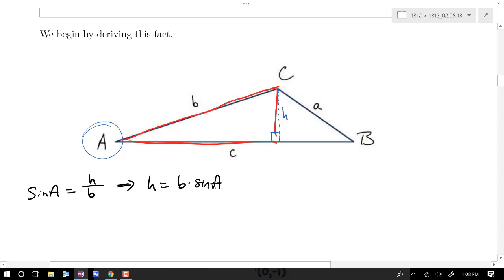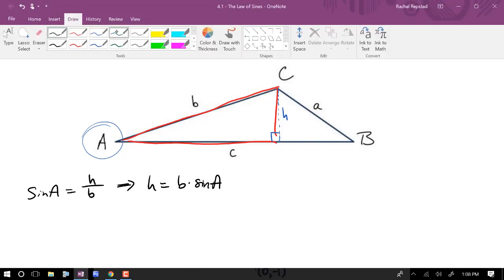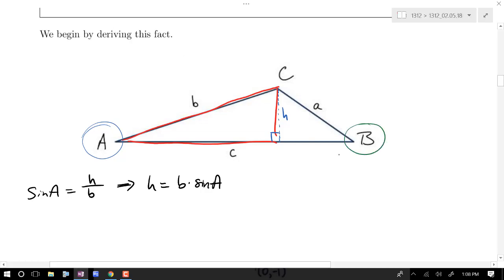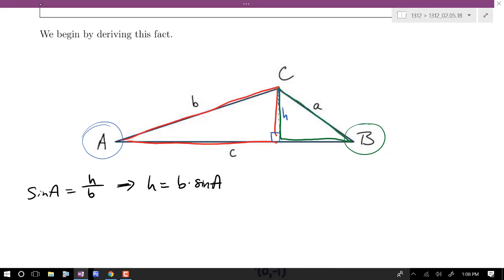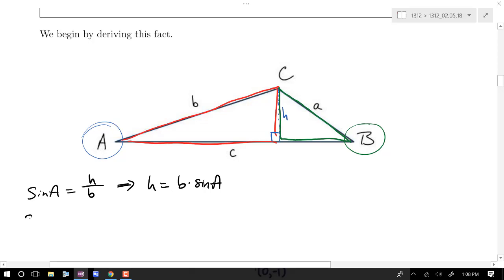Now let's use SOHCAHTOA again over here for angle B and for the other right triangle that's side by side. What do we get for sine of B? h over a.